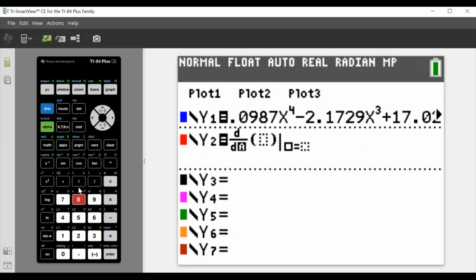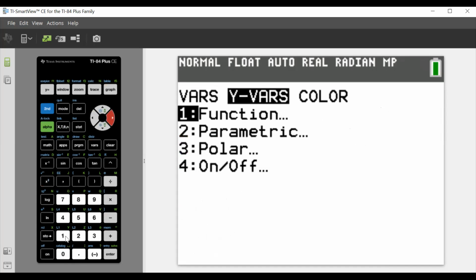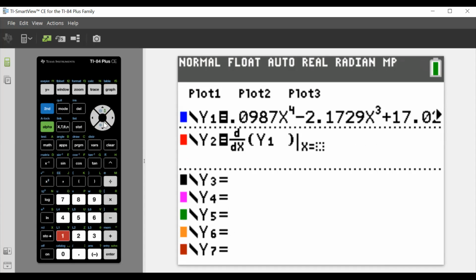And so that's an 8, and that's x. Oops, that's a y1, and that's an x.